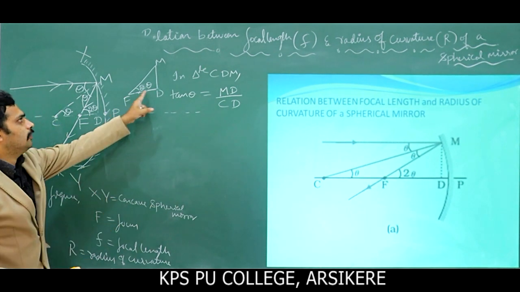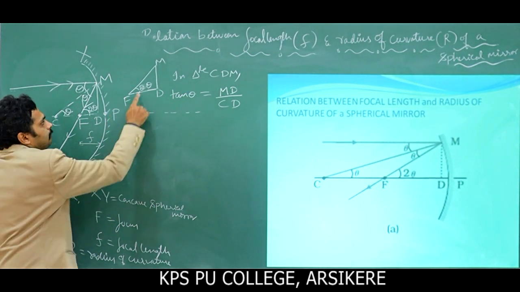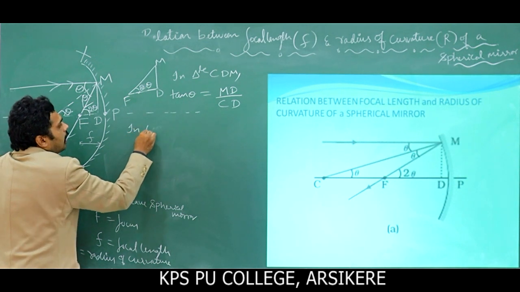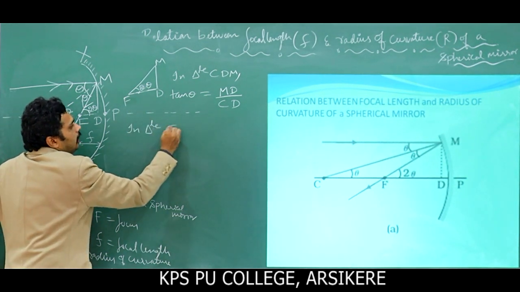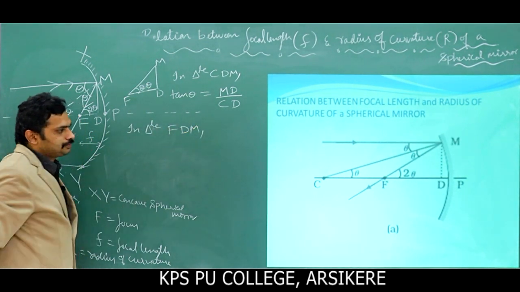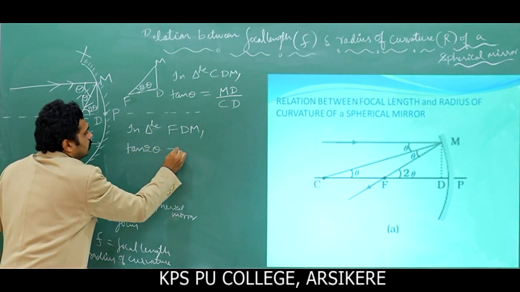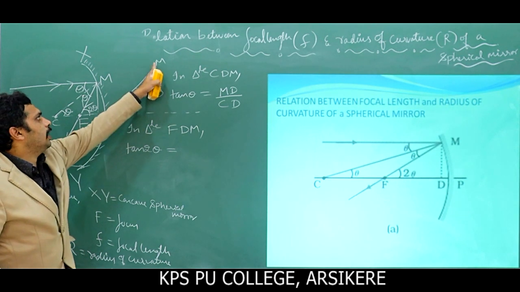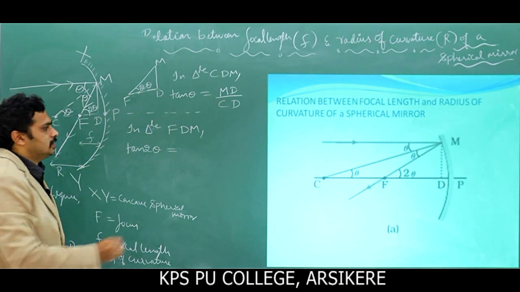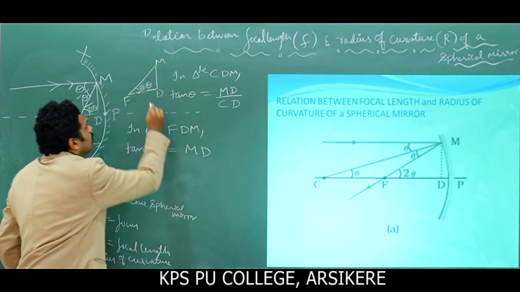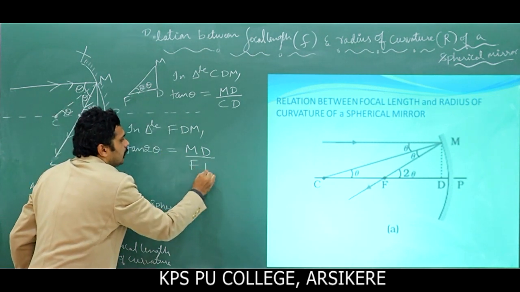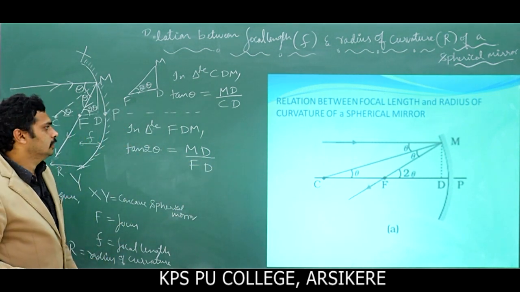For this triangle, once again I am using tan, but here the angle is 2 theta. In triangle FDM, tan 2 theta is equal to opposite by adjacent, MD by FD. Is it clear?